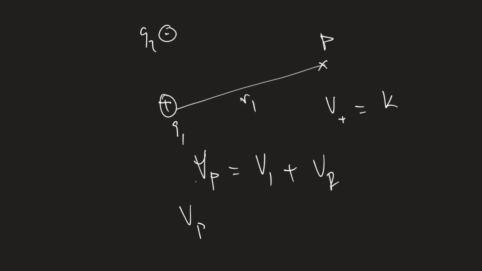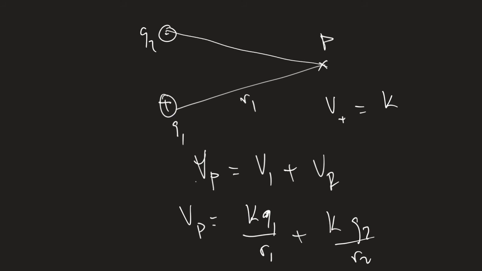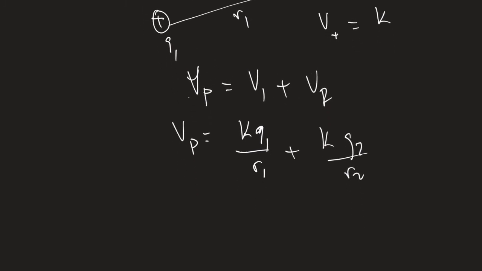So the potential at the point P will be K Q1 divided by R1 plus K Q2 divided by R2. R2 is the distance from the charge. So this is the potential produced at this point by this configuration. And we will practice this idea with one example in the next video.